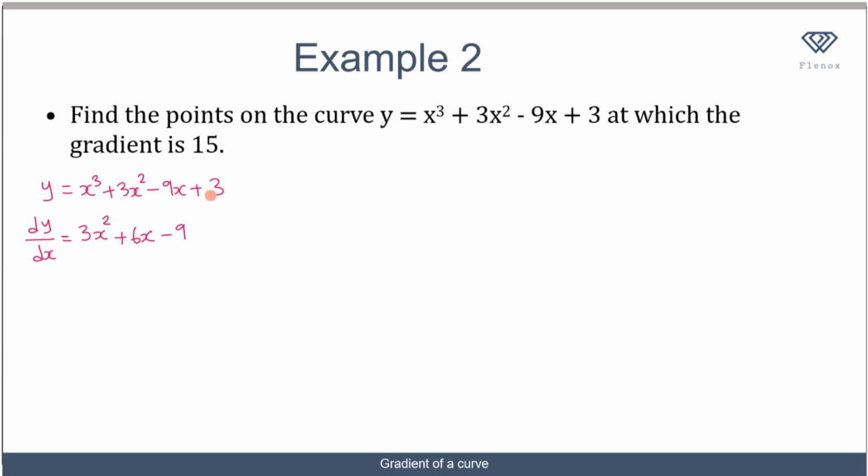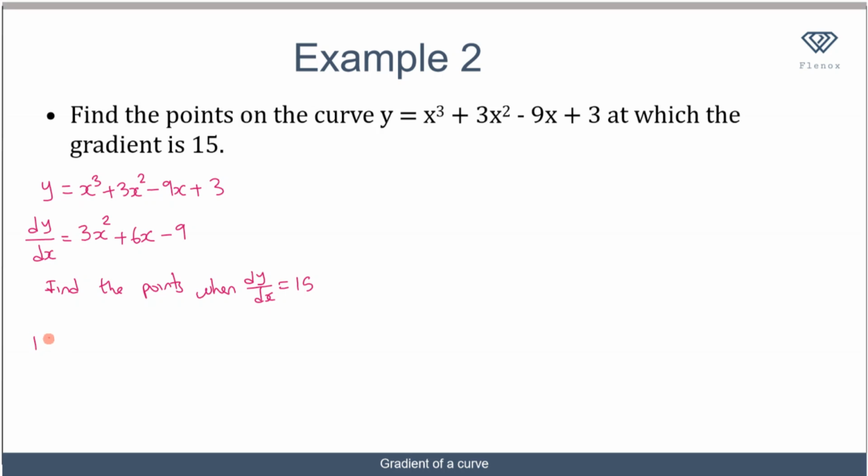So after we've gotten that, we are told that the gradient is 15. So we are told to find the points when the gradient, which is dy over dx, is equal to 15. So we substitute the value of dy dx as 15 into this expression.